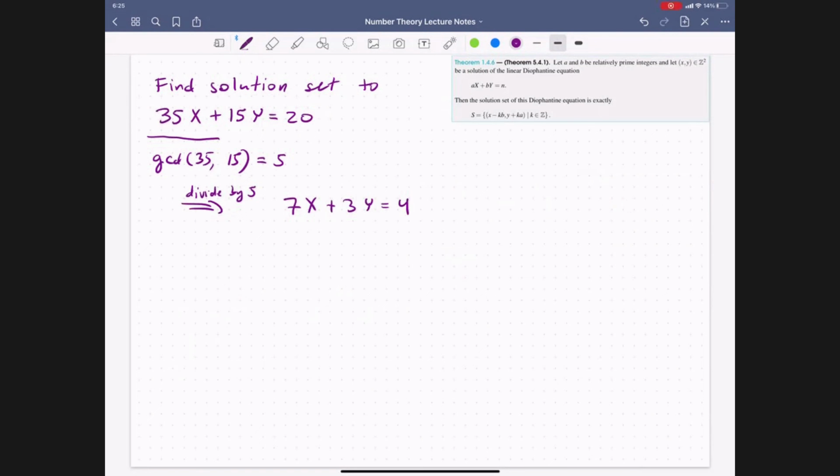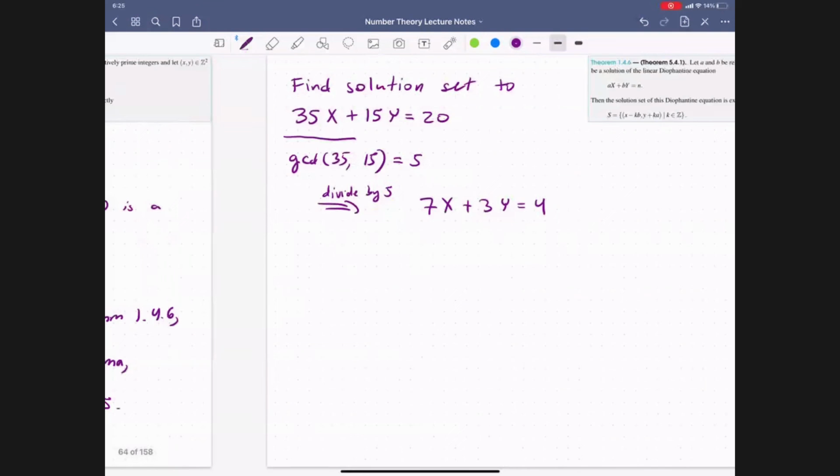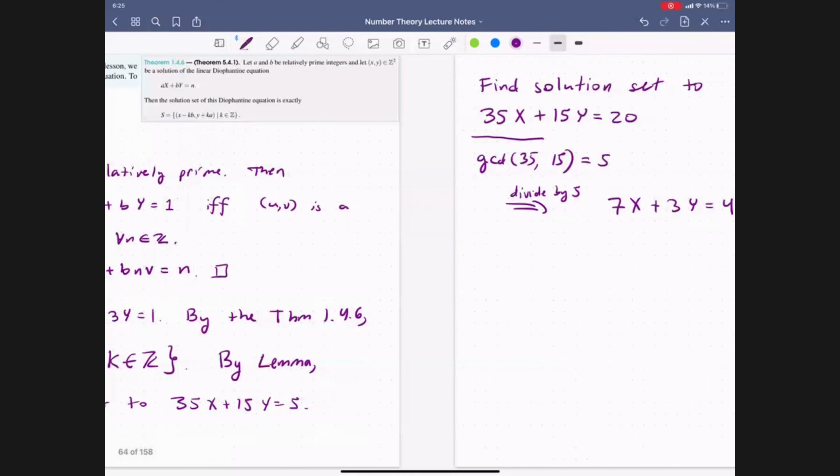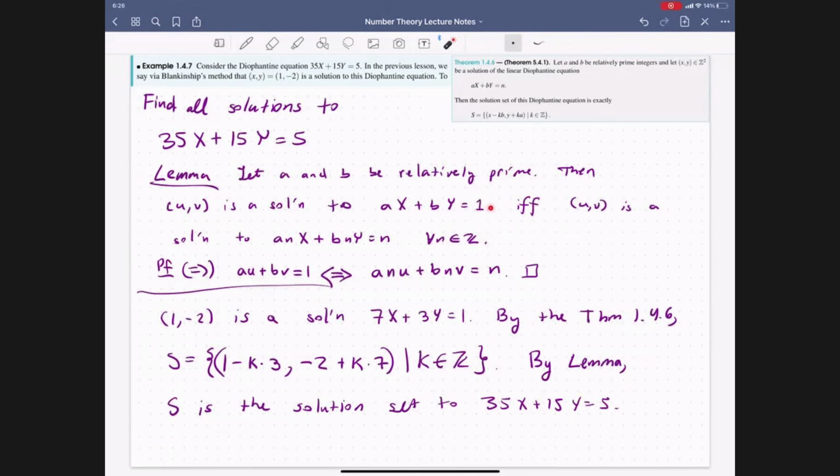So here's where we have to now be careful. Not much, but just a tiny bit. Because the lemma, I wrote it in terms of that being equal to a 1. Whereas now it's equal to 4. So does that change things much? And the answer is no. Because if we go through this lemma and replace everything, here I'm going to change the 1, and now let's say that this was equal to m.